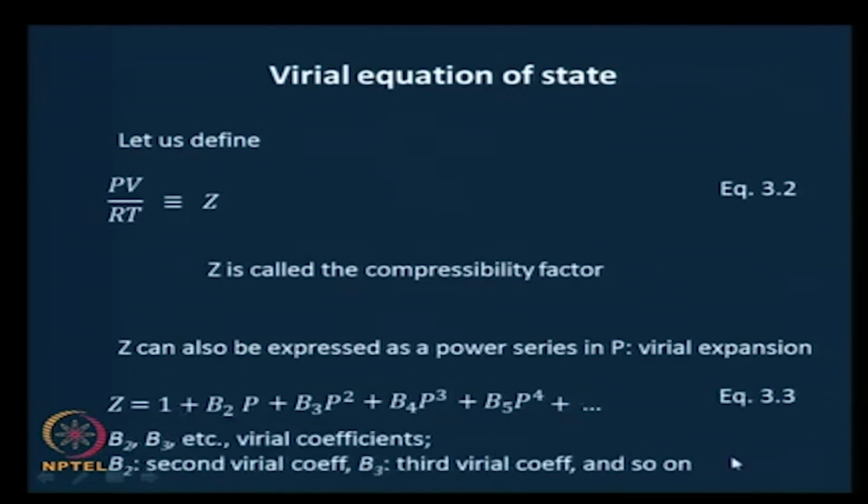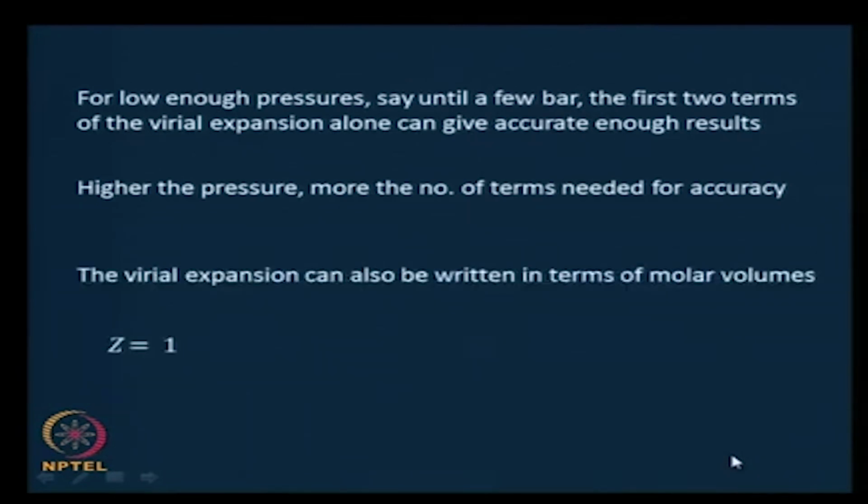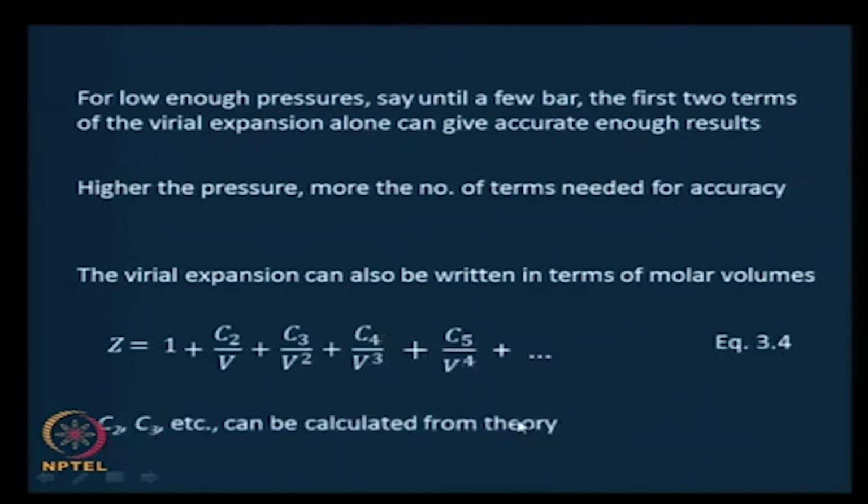It is a power series expansion, and you could also write the expansion in terms of specific volumes. Since the pressures were directly related, the specific volumes would be inversely related: Z equals 1 plus C2 by V plus C3 by V squared plus C4 by V cubed and so on, and these coefficients can actually be calculated from statistical mechanics theory.